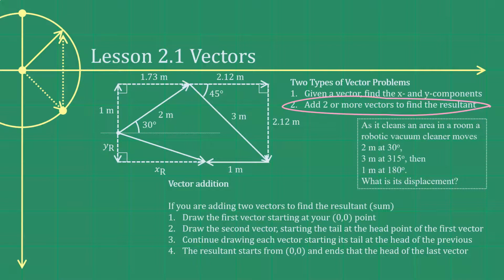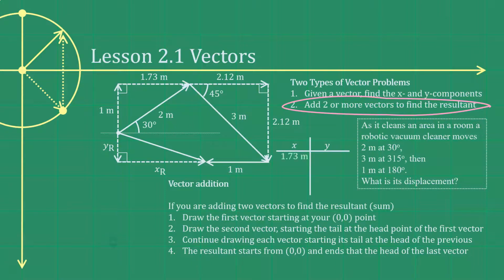Well, I sure can. And you could do this multiple different ways. I'm going to do it the official way that we work with vectors, and that is to add up all of the x side lengths and all of the y vector component lengths, and that should give me the x and y component lengths for my resultant. So let's start by adding up the x's.